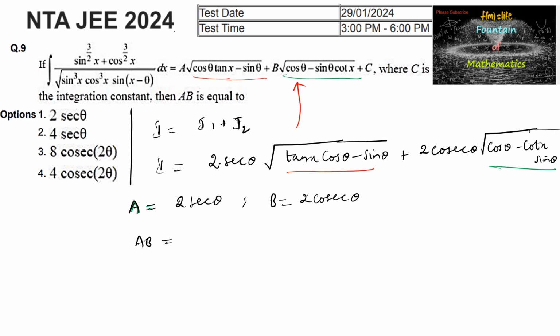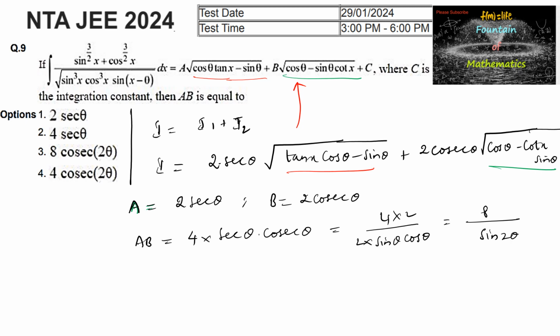So AB is equal to 4 times secant theta into cosecant theta, that is 4 upon sin theta into cos theta, multiplying and dividing with 2. 2 sin theta cos theta is sin 2 theta. So 8 upon sin 2 theta, which is 8 into cosecant 2 theta, which is option 3. So option C is the answer.